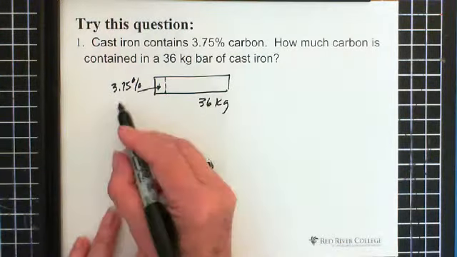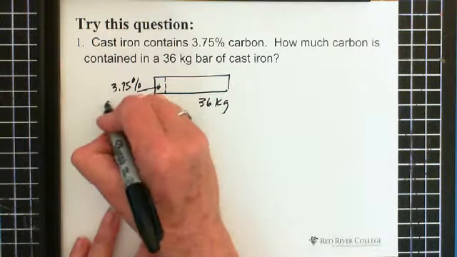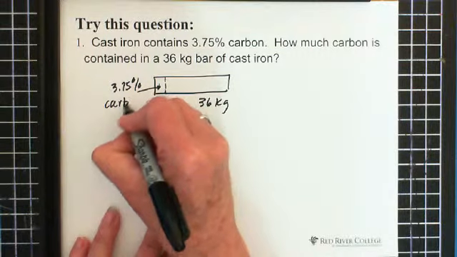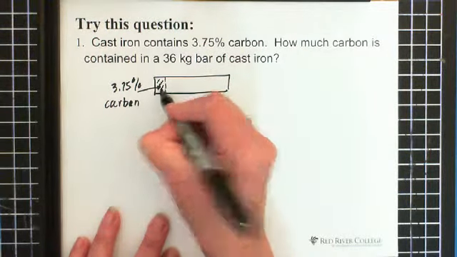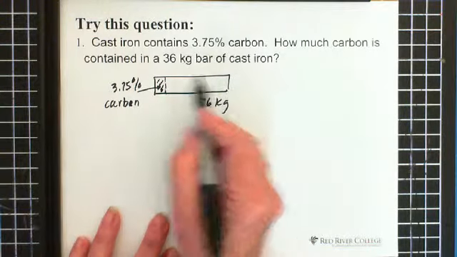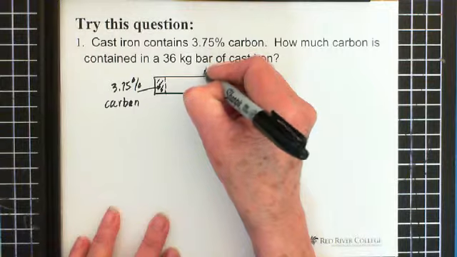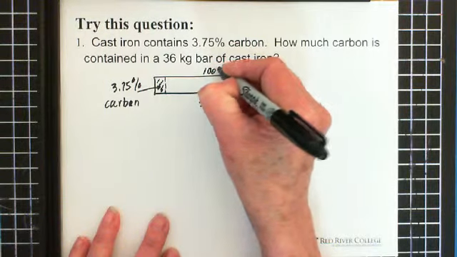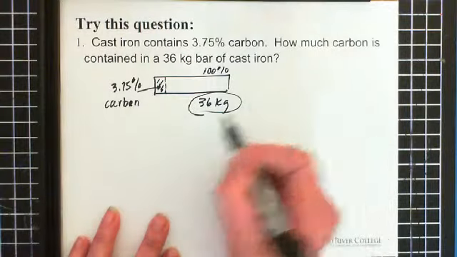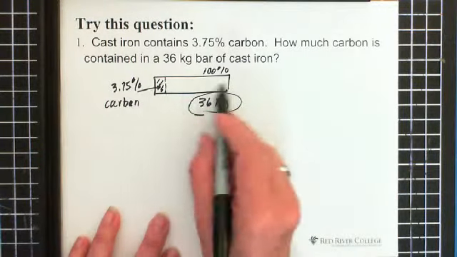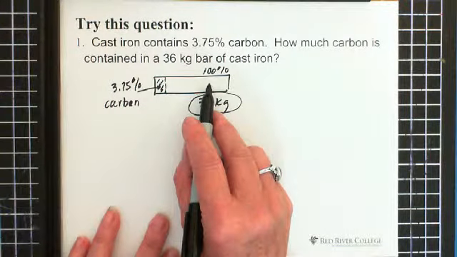So you can see then that this is the part they're asking, and the 3.75 is the carbon. All right, so this is the part, the whole is this piece. So then the whole bar is the 100%. The 36 kilogram refers to the weight, or the mass, I should say, of this entire bar.